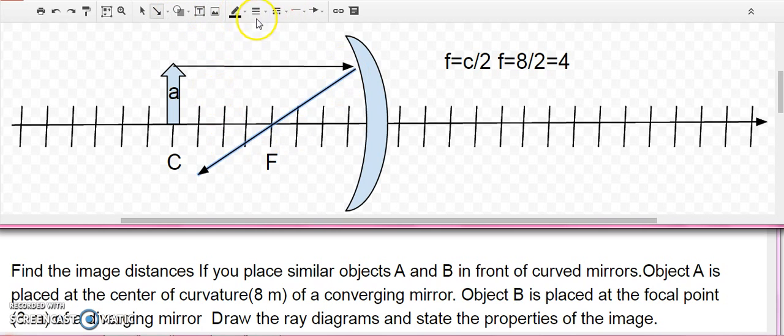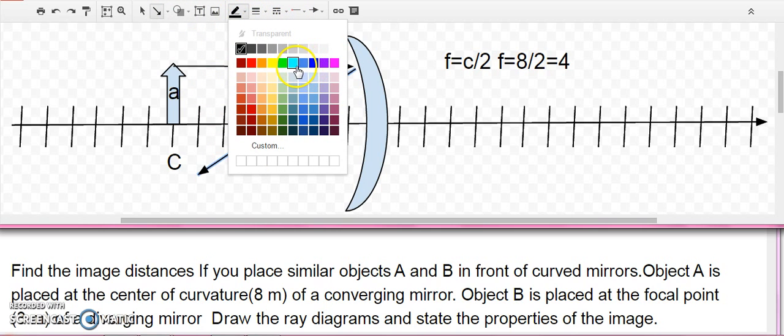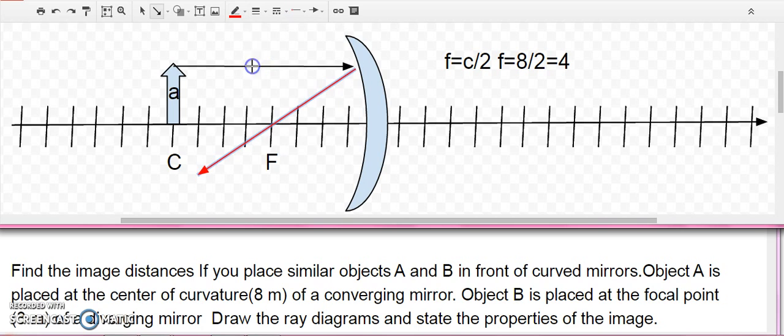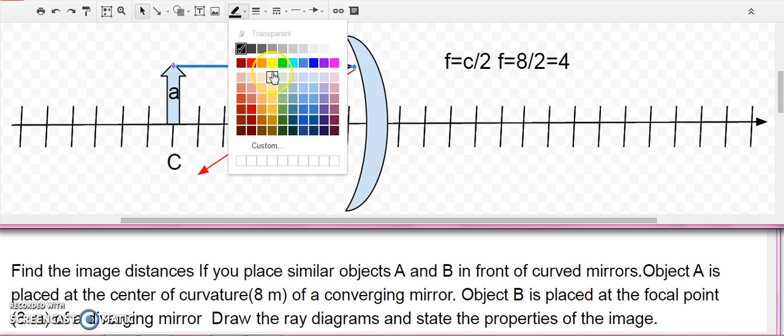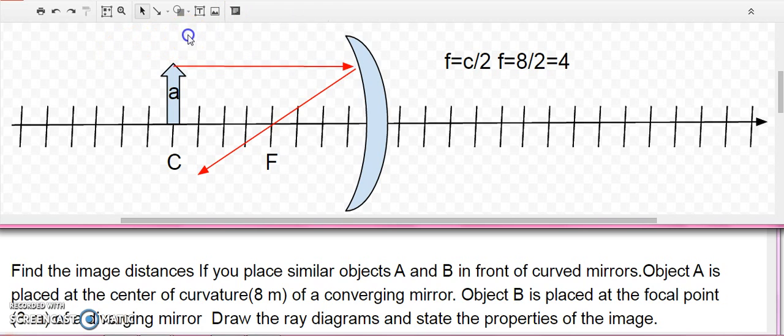Now let's see. Change the color, that way you can see better. Red. There we go. Now, let's have another ray. And this one will start going through the focal point.